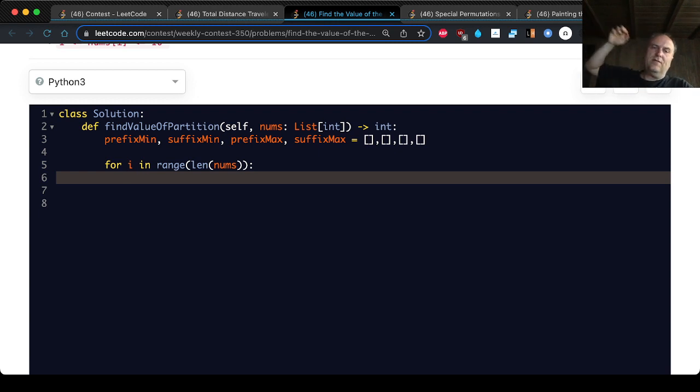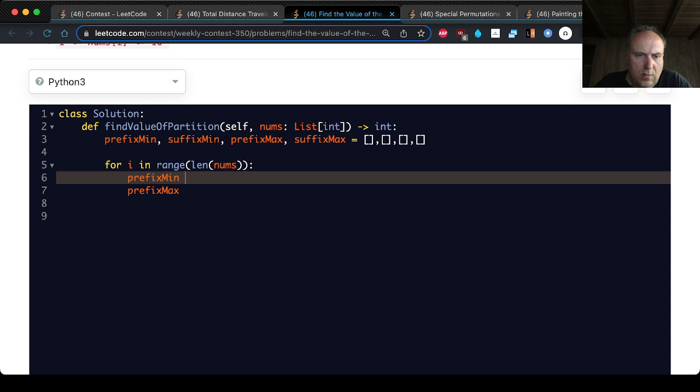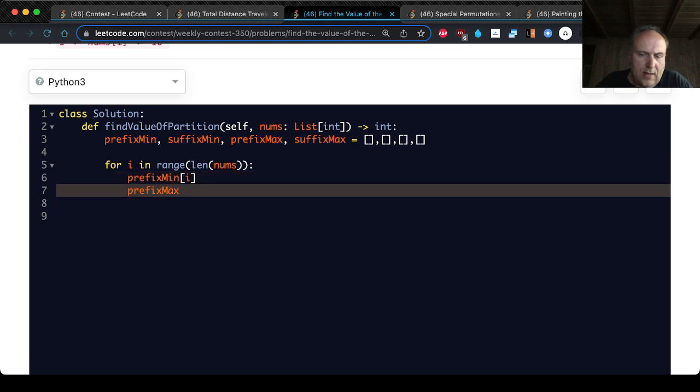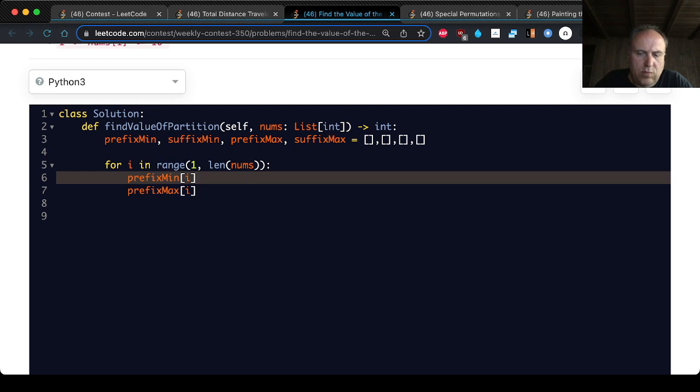So first, let's do all the prefix. Right? So prefix min, prefix max, and it's going to be I. So let's start at 1, and then we do min prefix min.